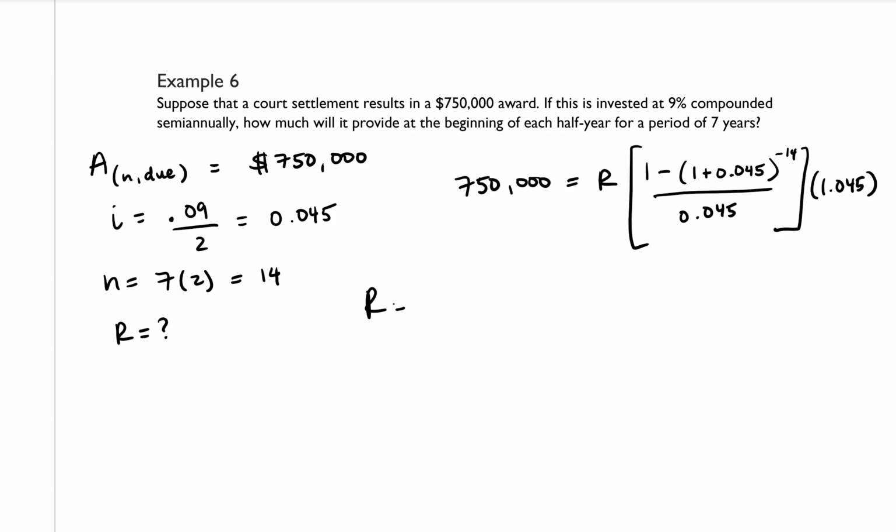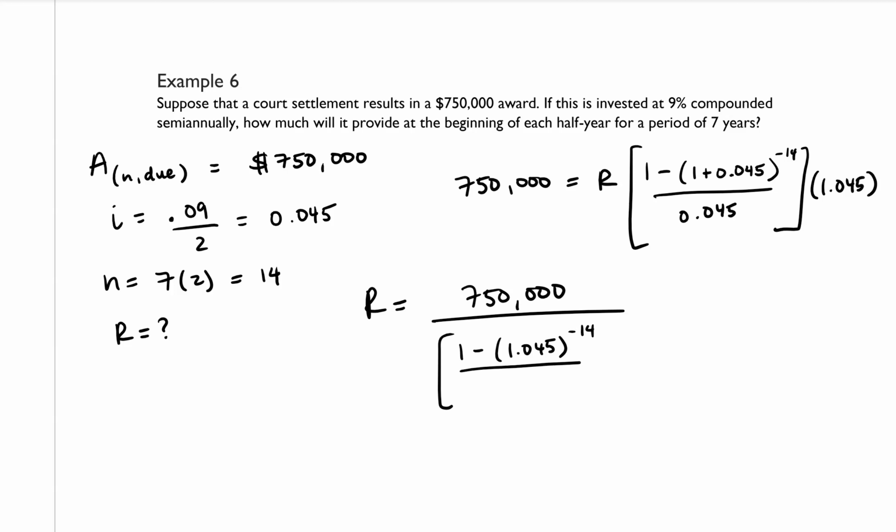And so R ends up being $750,000 divided by 1 minus 1.045 to the negative 14th power over 0.045, times 1.045 there. And if you throw that into your calculator, you should get that the semi-annual payments for this settlement is approximately $70,205.97.